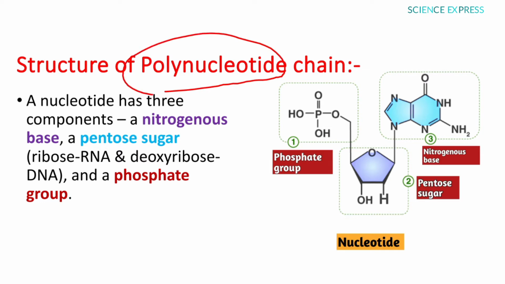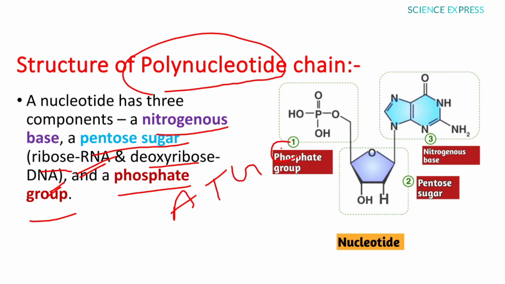A nucleotide has three components: a nitrogenous base, a pentose sugar, which is ribose or deoxyribose, and a phosphate group. Ribose is mainly present in RNA and deoxyribose in DNA. The nitrogenous bases are of four types: A, T, G, C, and in RNA, T is replaced by U. A for adenine, T for thymine, G for guanine, C for cytosine, and U for uracil.